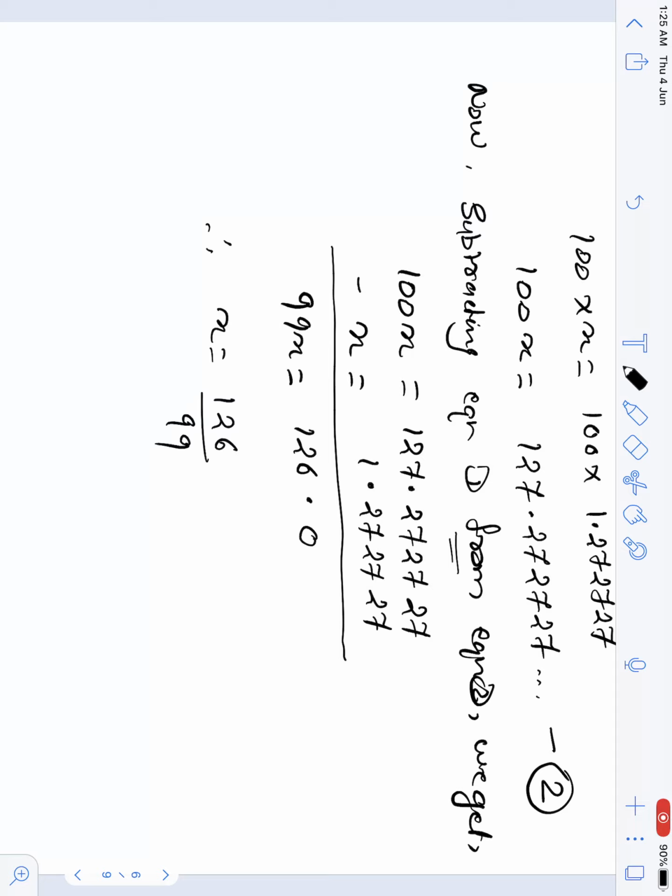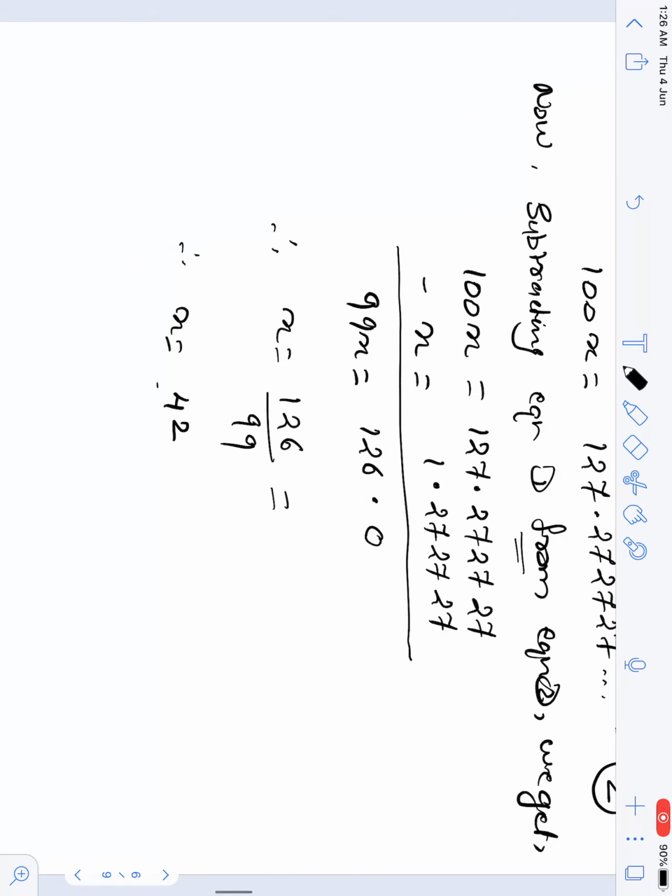Now check whether you can write this number in lowest form or not. I think we can divide it easily by 3, so therefore x equals 42 upon 33.